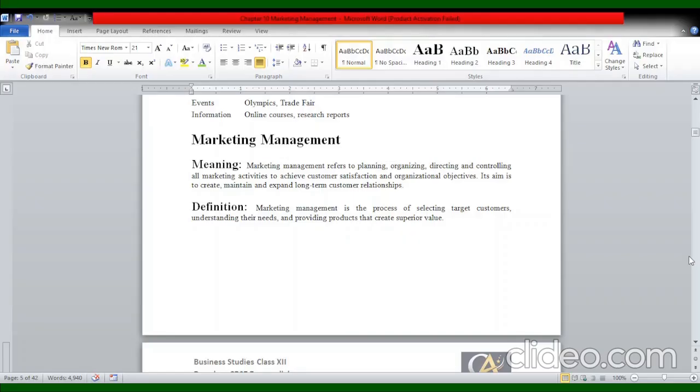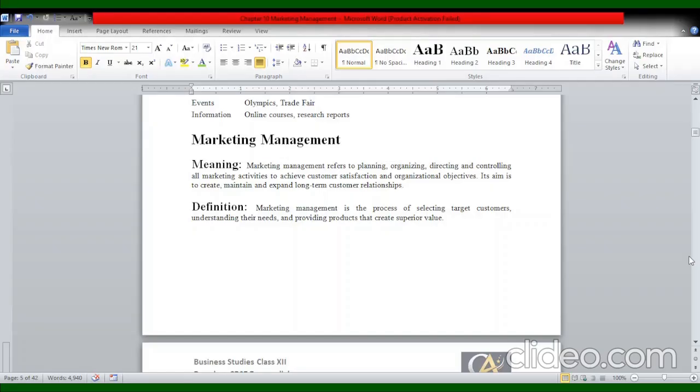Basically, we are considering all the types of planning that we usually do before producing a particular product. We organize the resources, we direct the resources so that the particular product can be manufactured, and control all the relevant activities that help to achieve customer satisfaction and organizational objectives.